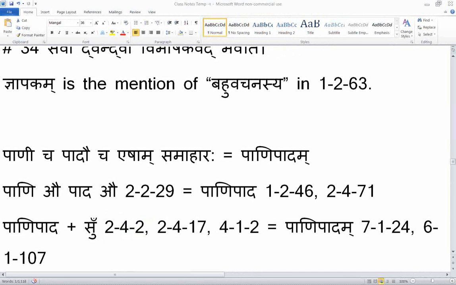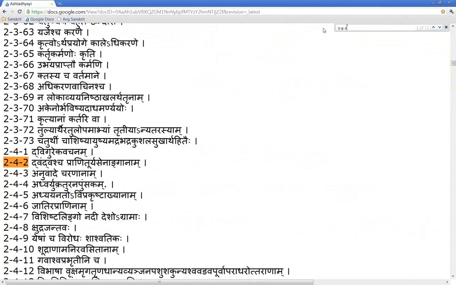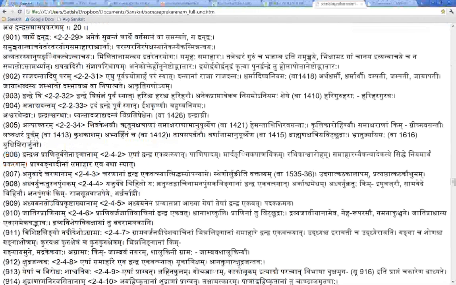These rules in the Ashtadhyayi, from 242 to 2416. We're talking April 20th, 27th, and May 4th. In the Kaumudi document, if you want to mark them, they are here, from 906.